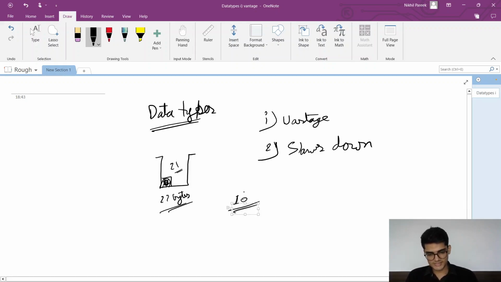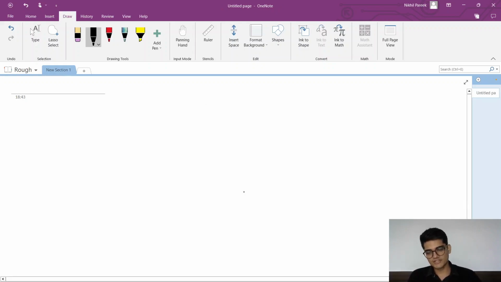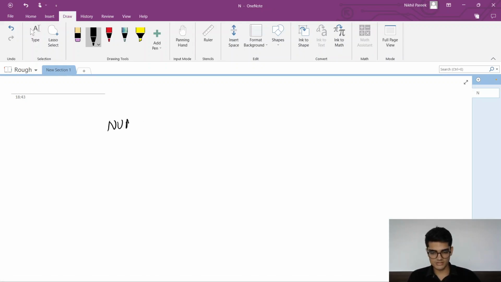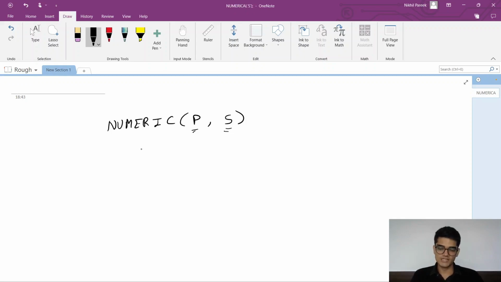Now let's talk about data types for numbers. In Oracle SQL we use the data type NUMERIC to store our numbers. NUMERIC has two arguments: the first is precision and the second is scale. So what is precision and what is scale? Precision is the total number of digits in a value, and scale is the number of digits after the decimal point.